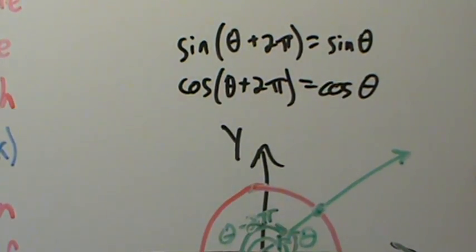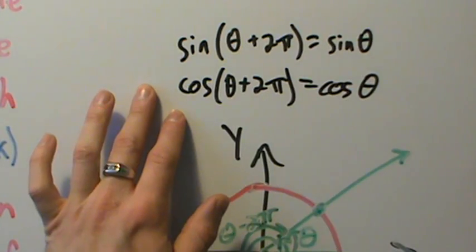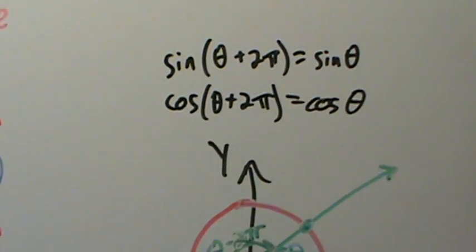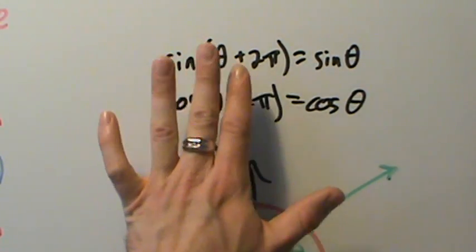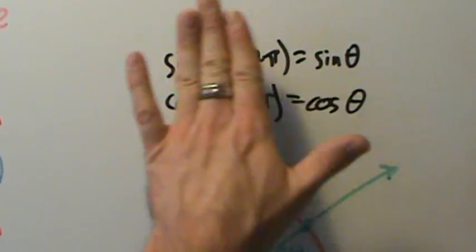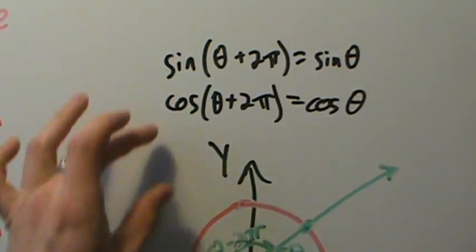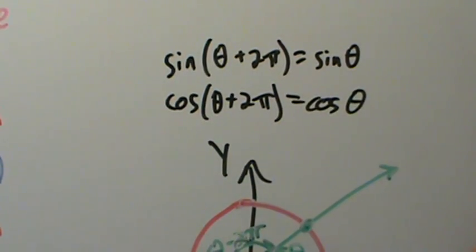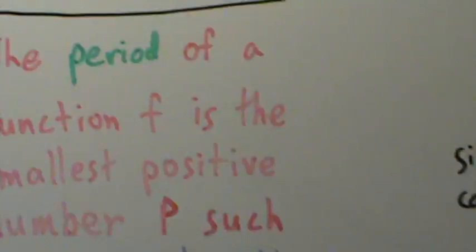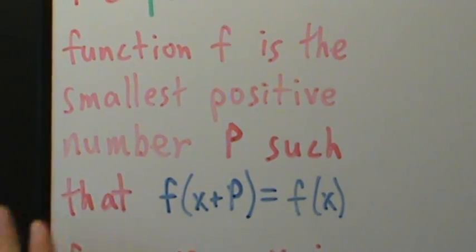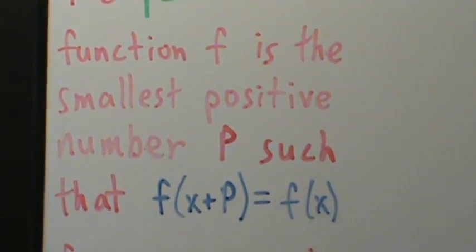It's all the same. But as it turns out, for sine and cosine and secant and cosecant, 2 pi is the smallest such positive number that satisfies this. So what that means is that the period of sine and cosine and secant and cosecant is 2 pi. So remember the definition of the period, the smallest positive number p such that this holds true.